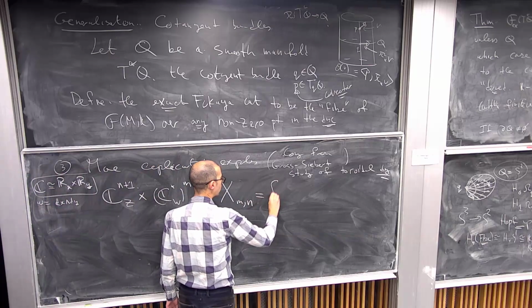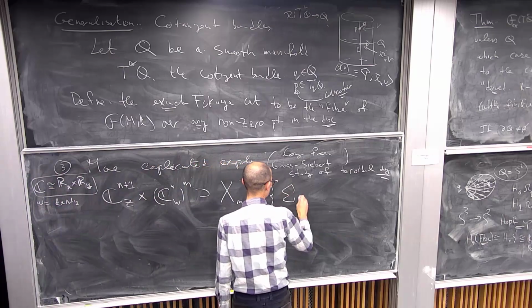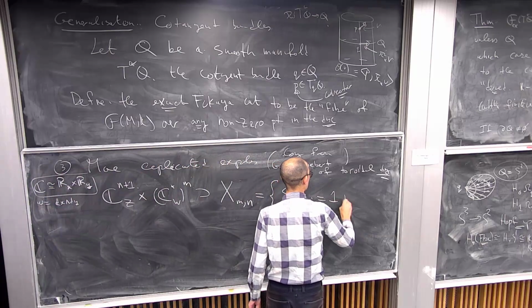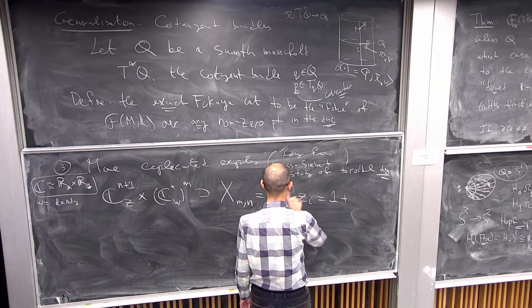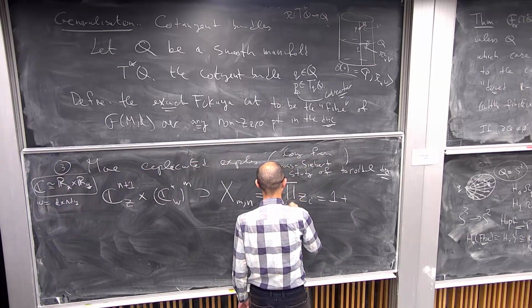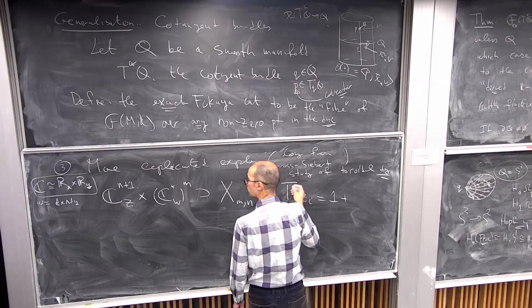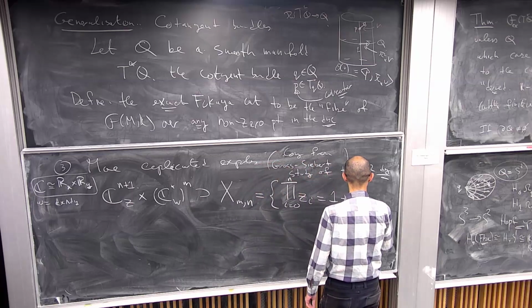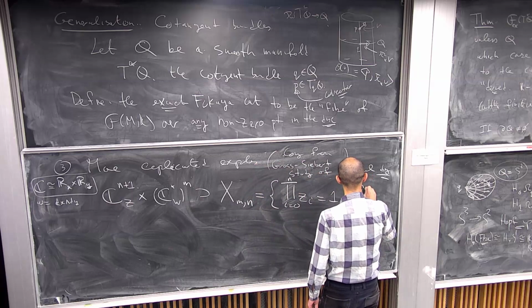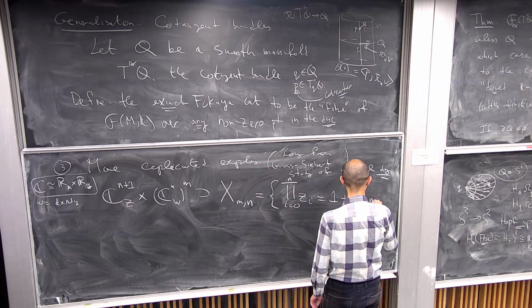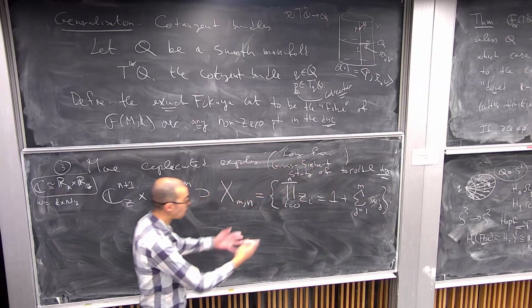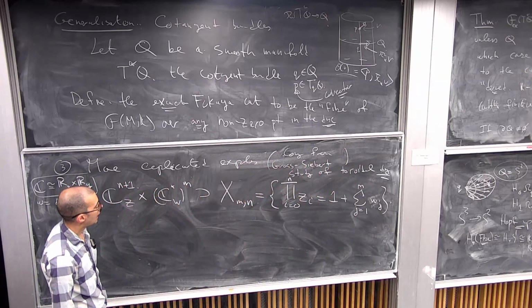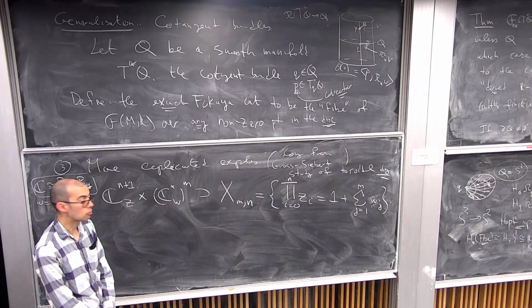It's given by an equation: sum of Zi equals 1 plus the product of ... sum j equals 1 to m of Wj. Not called y, W. Some equation. Okay, so this is a symplectic manifold. How is it a symplectic manifold?